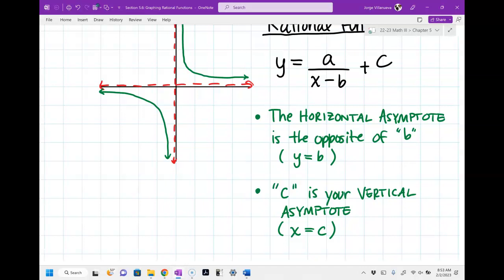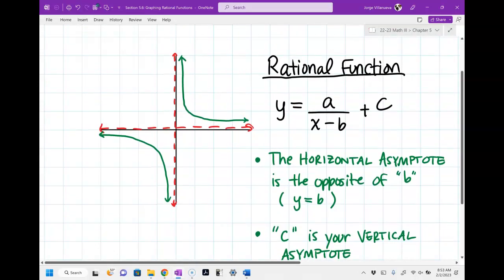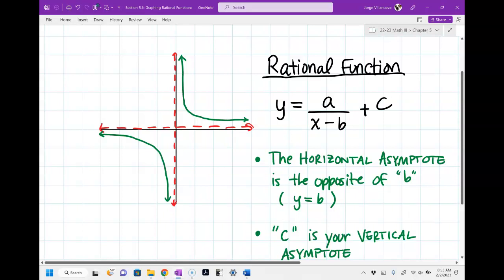Again, your graph is supposed to look like this. Rational functions normally look like that. So 1 over x will look just like that. But if I decide to move it left and right or up and down, that's my B and C portion. Those are my shifts. I'm telling you where to draw the asymptotes so you know where it shifts.